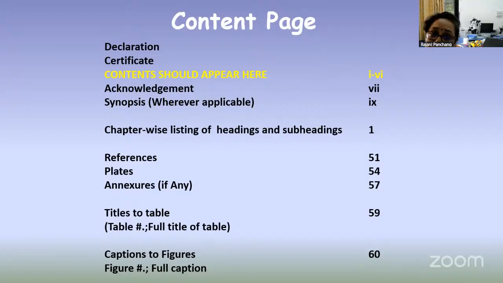So first it is declaration, certificate, then your contents page, acknowledgement, synopsis, and a chapter-wise listing of headings and subheadings. I already told you there should be a list of tables and a list of figures, that is, the table number and the full title of the table as in the chapter.